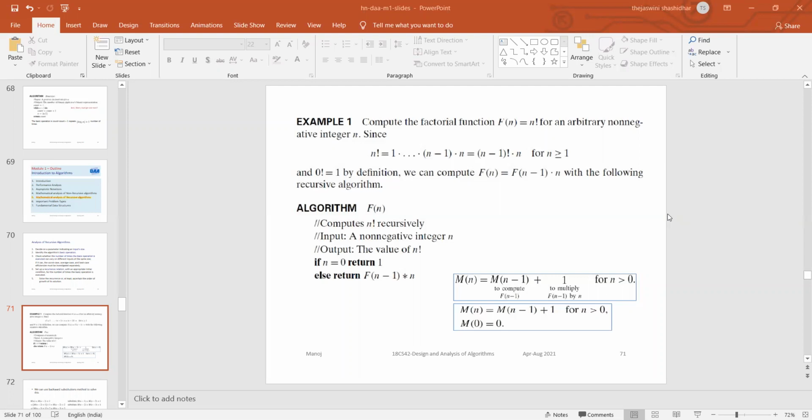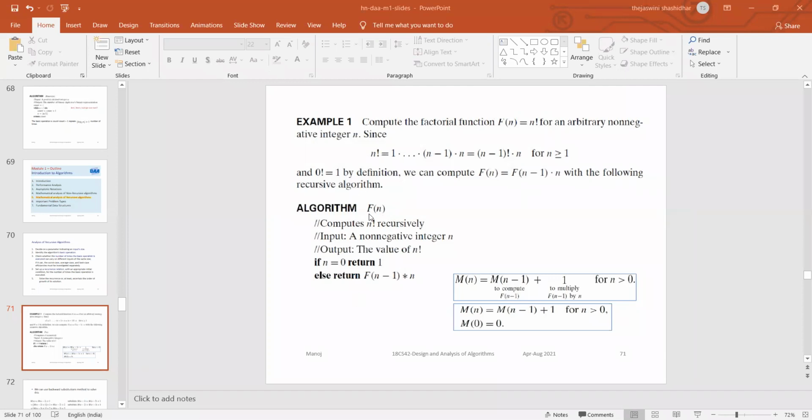This is n factorial, this is n minus 1 factorial. In place of n, you have n minus 1. So the answer will be f of n minus 1. Okay, you are good, Shankar and Neha. So f of n minus 1 into n, with the following recursive algorithm.